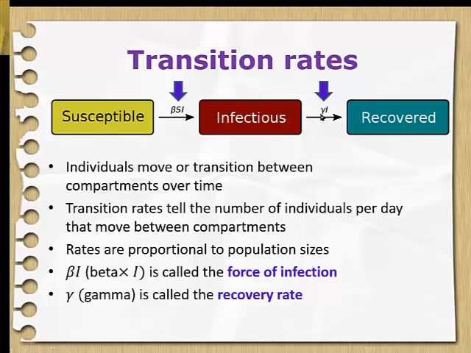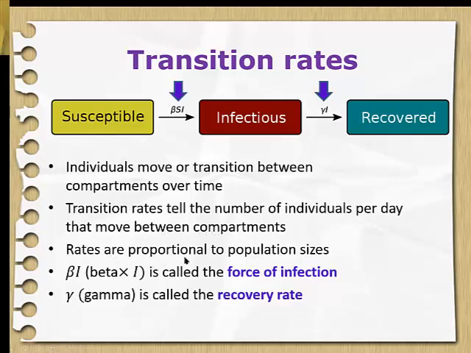Similarly, if I know gamma, which is a fixed parameter, and I multiply by the infectious, which is I, I will know how many infectious people are recovering per day. So transition rates tell the number of individuals per day that move between compartments.